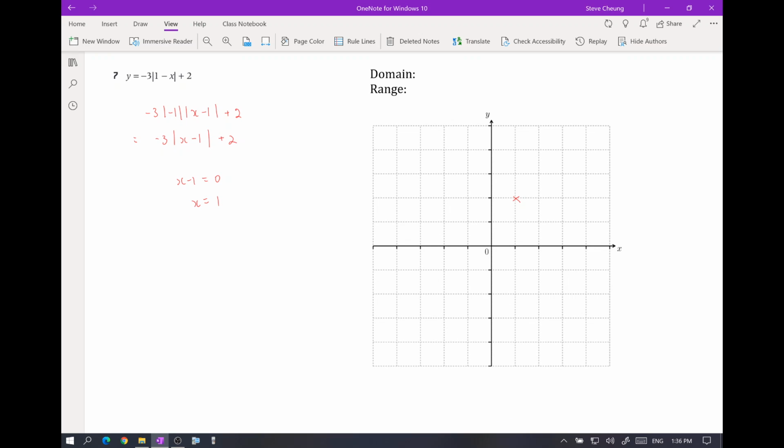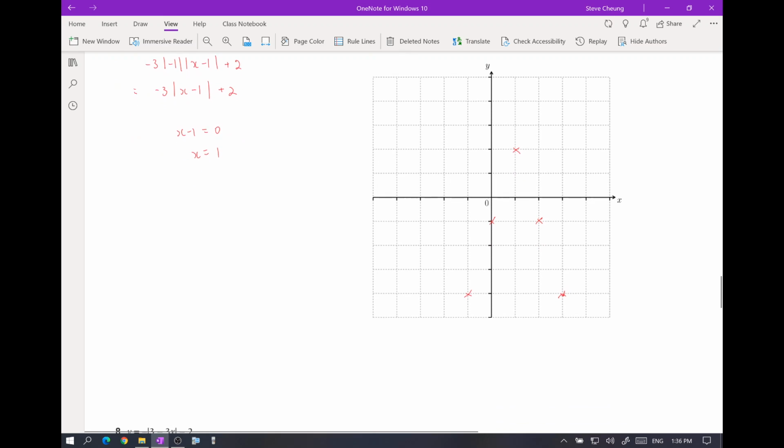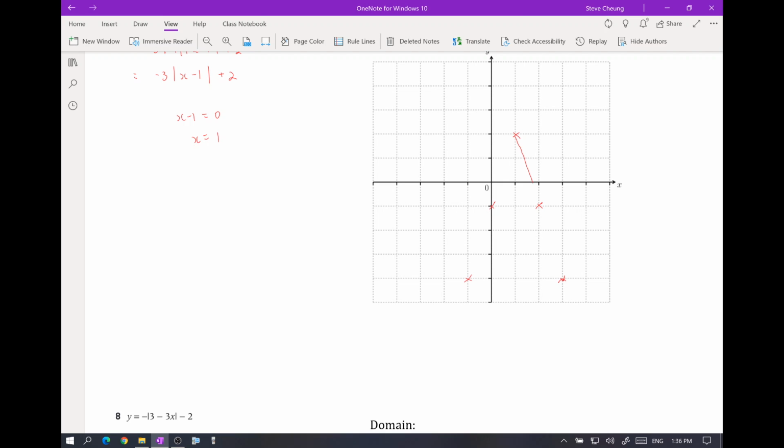And this time you have a -3, so it means that it's going to go down. And the ratio is every one step to the right is 3 down. And by symmetry, so again, we just have a 1-to-1 scale grid, which is rather nice.